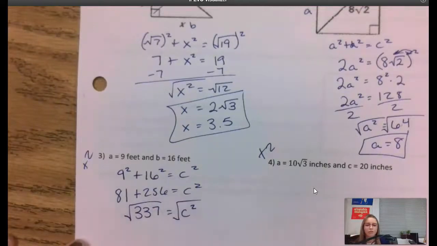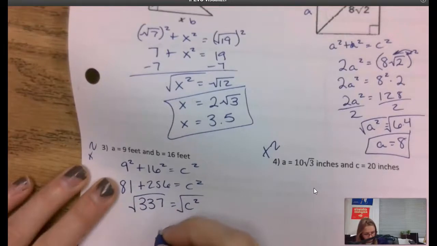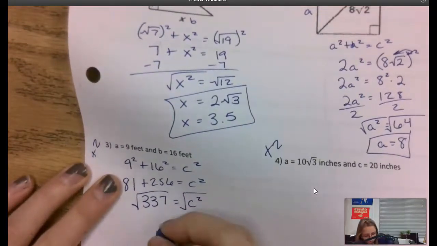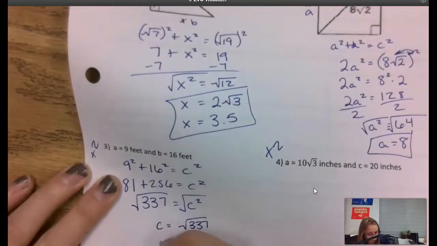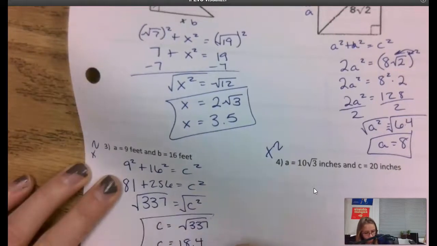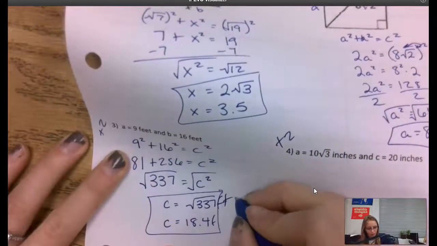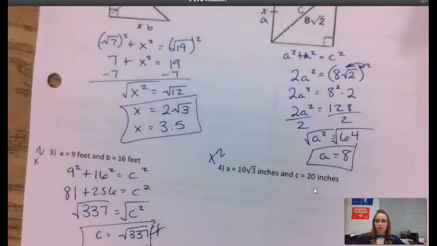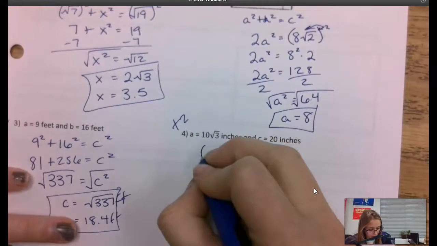Take the square root, and if you try to simplify that into radical form, it does not simplify, so c equals radical 337, or c equals 18.4. Round that, and that would be in feet, but I did not count off if you did not label that.